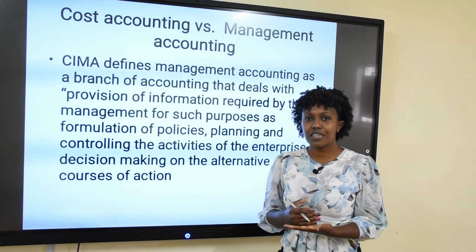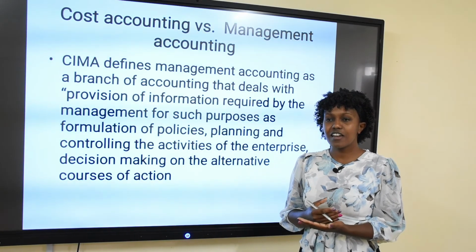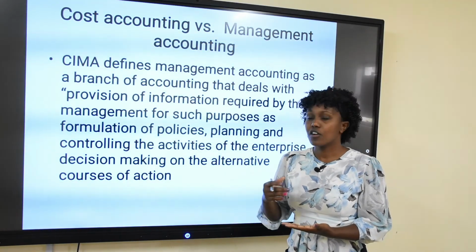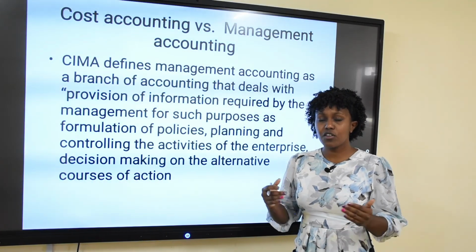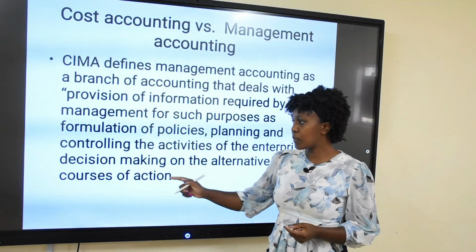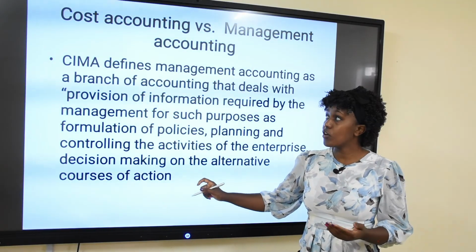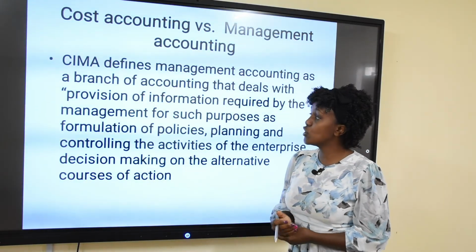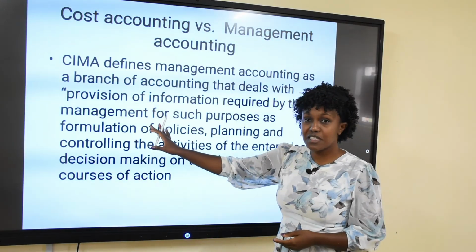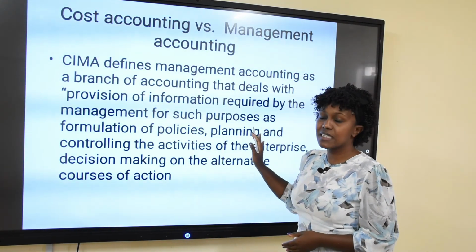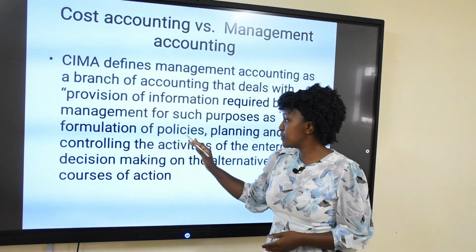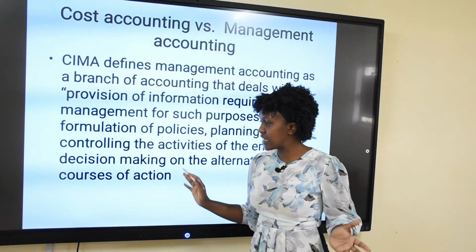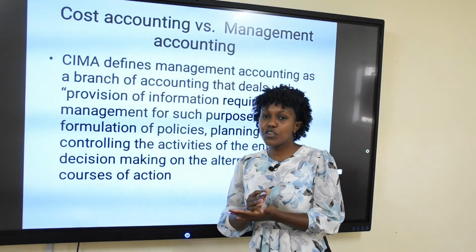The kind of information that management accounting provides relates to cost, pricing, policy formulation, controlling. All this information is only for one purpose, what we call management decision making. According to CIMA, management accounting is a branch of accounting that deals with provision of information required by the management for such purposes as formulation of policies, planning and controlling the activities of the organization, and decision making on different courses of action.